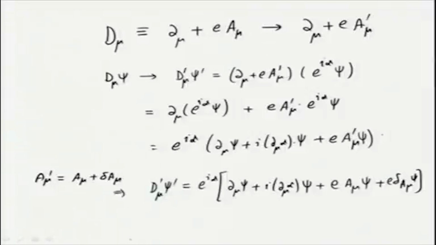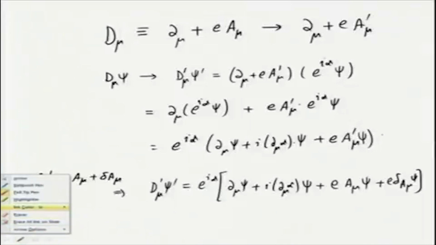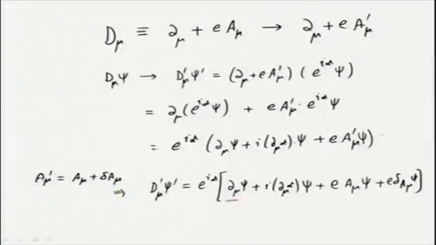Okay. So, let me combine the terms. First, let me take the first term and third term. When you combine them, what you get is the following: D mu prime psi prime is equal to e power i alpha dou mu psi plus e A mu psi.